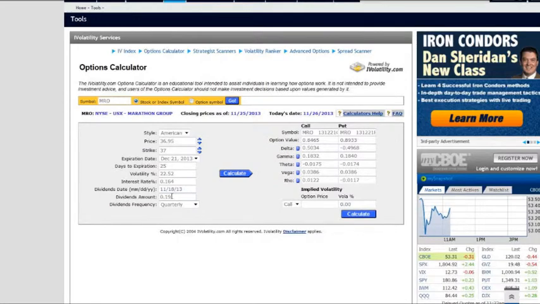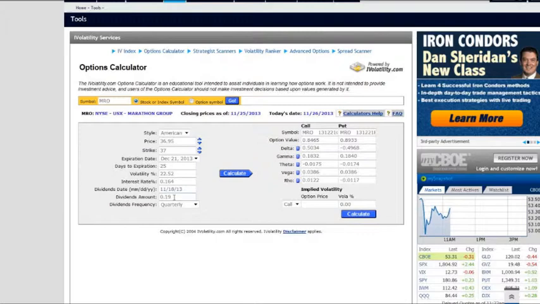When the stock goes ex-dividend, the actual stock price will drop by 19 cents. But that's not going to create an increased or decreased value in your call and put options because they are already accounting for it. They're already adjusting for that 19 cents, so it doesn't matter from an option value standpoint.